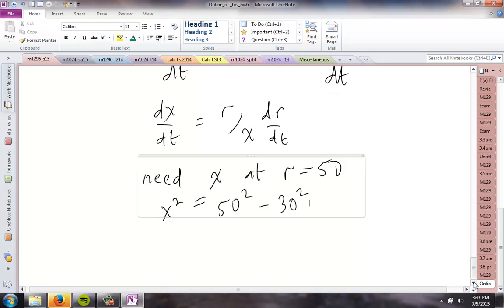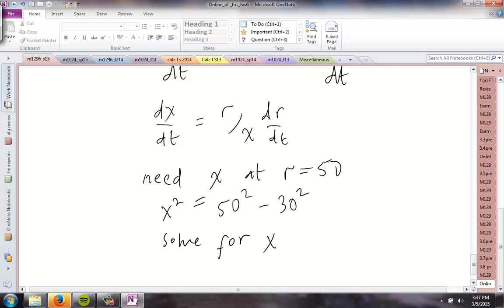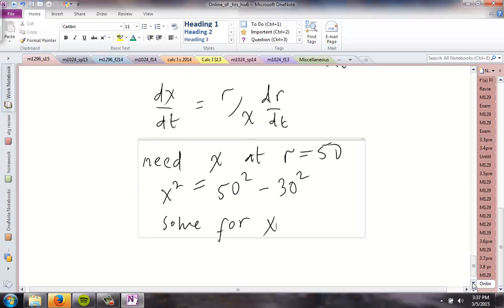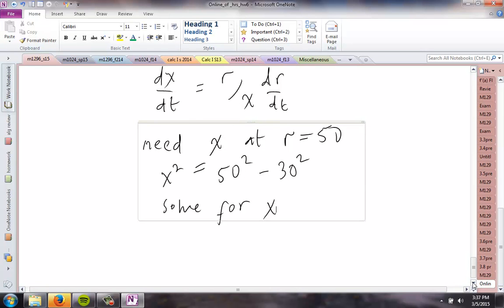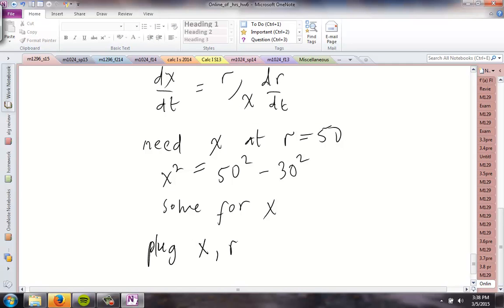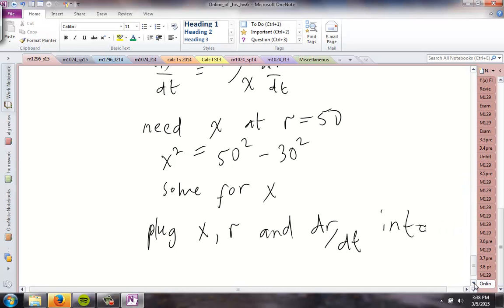Alright, so solve for x here, and plug x, r, and dr/dt into the equation to get dx/dt. Okay.